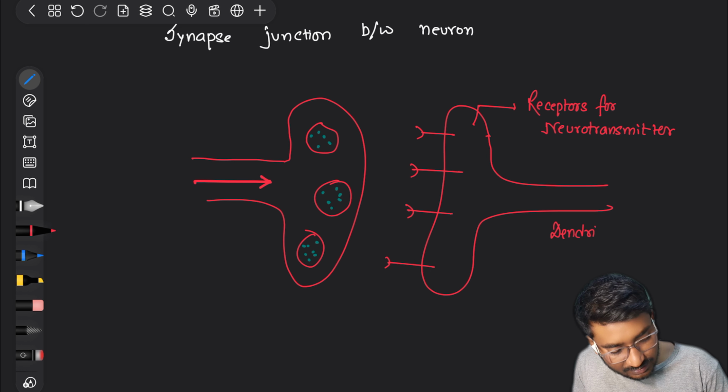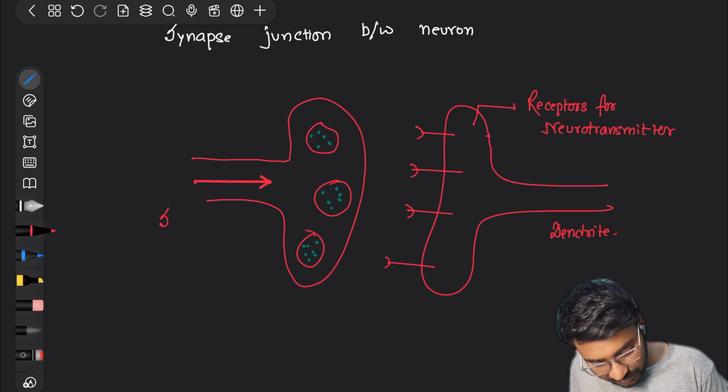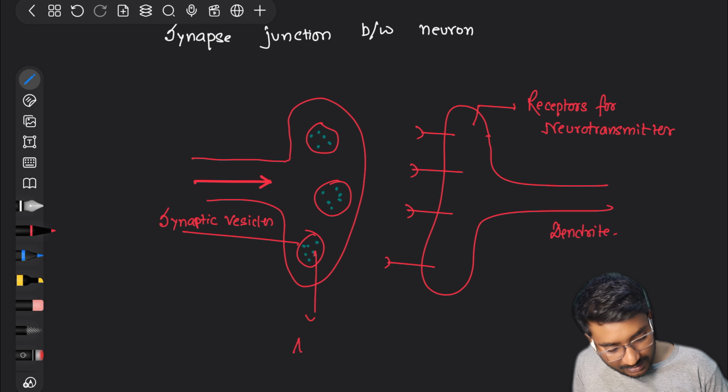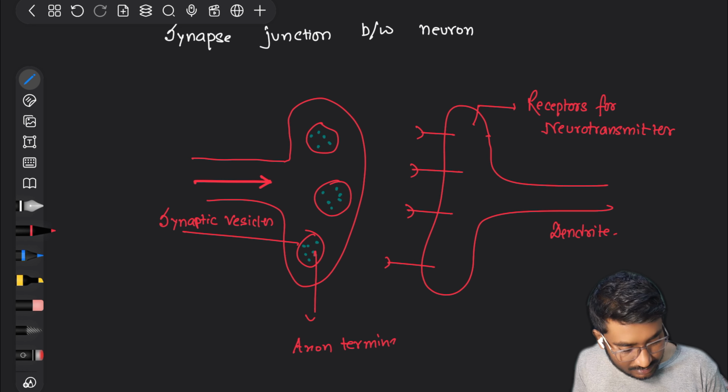This is a dendrite and this is the synaptic vesicle. Okay, these are the axon terminals.